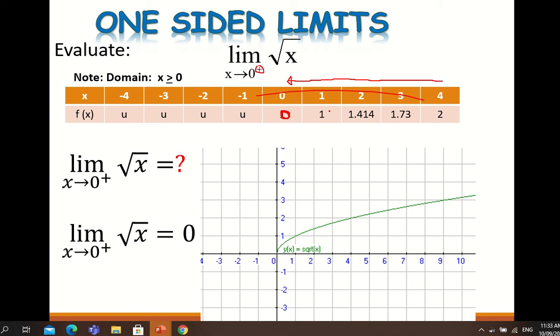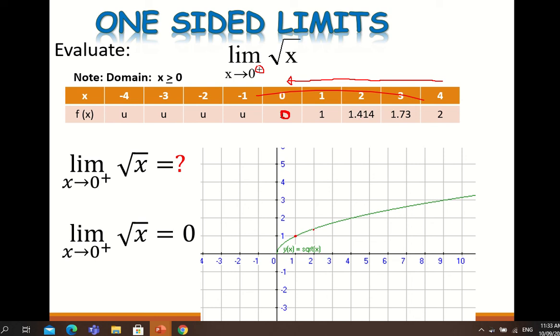When x equals 1, f of x is 1. When x equals 2, f of x is 1.4 something.